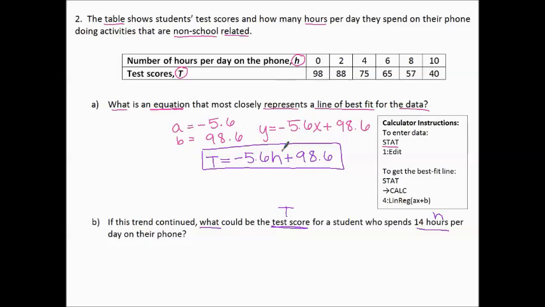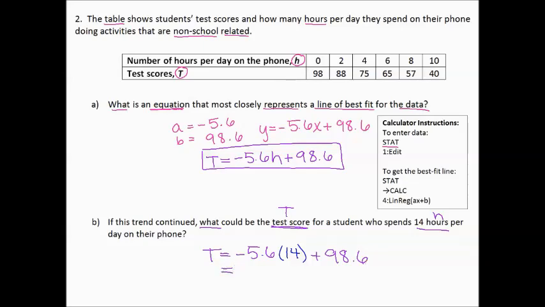So now I'm going to substitute and say test score is equal to negative 5.6 times the hours, which is 14 hours, plus 98.6.